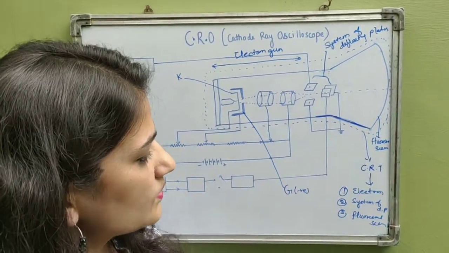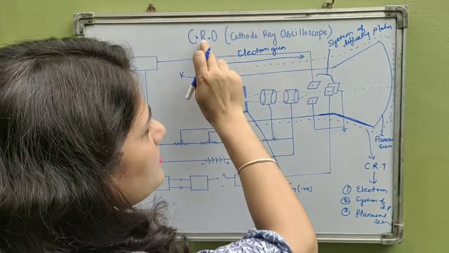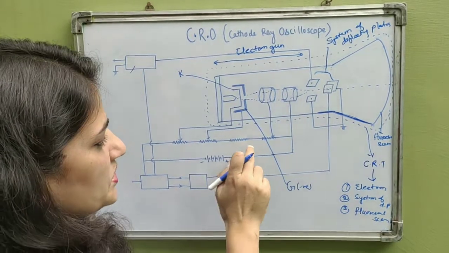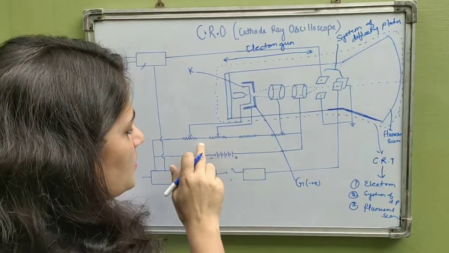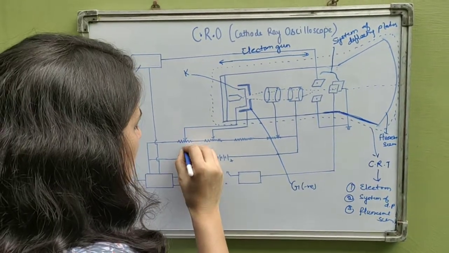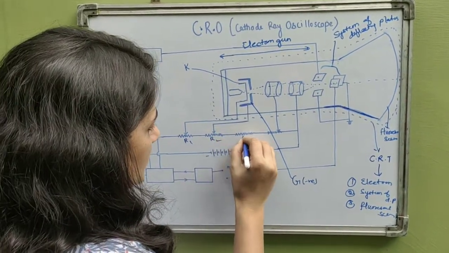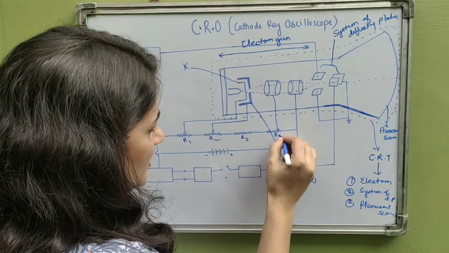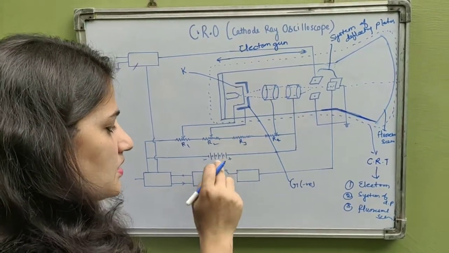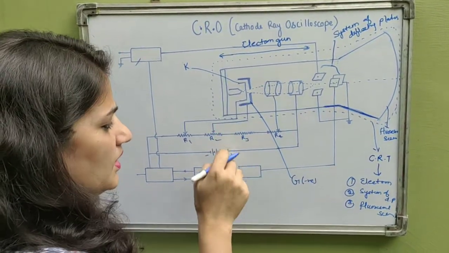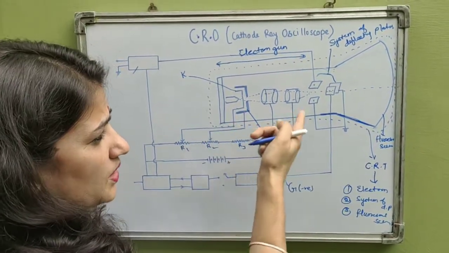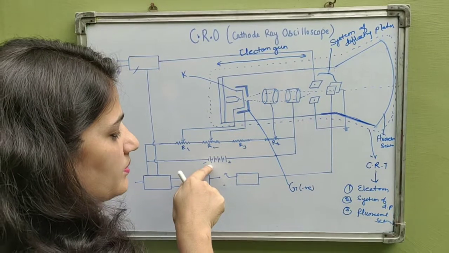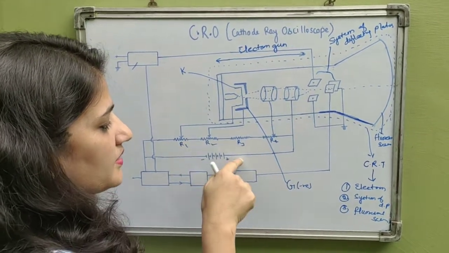Okay. Now the second part of the CRO is the potential divider arrangement. You can see here the resistances R1, R2, R3, and R4, and these resistances are connected with the battery. How much potential is required by which part of the electron gun is supplied by this potential divider arrangement.